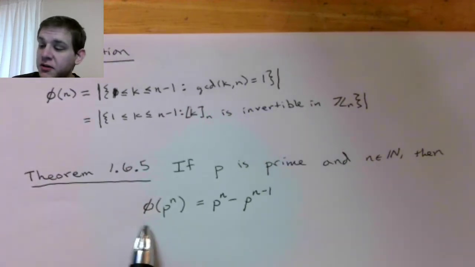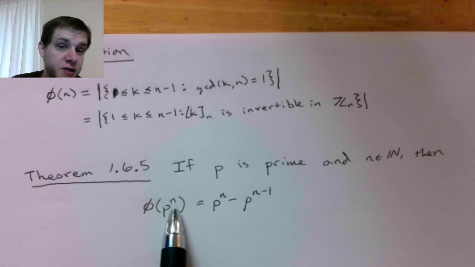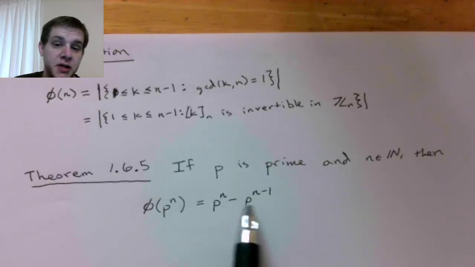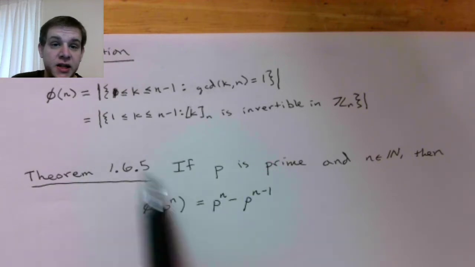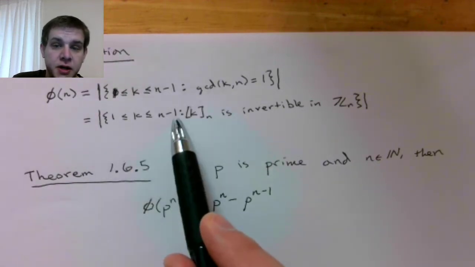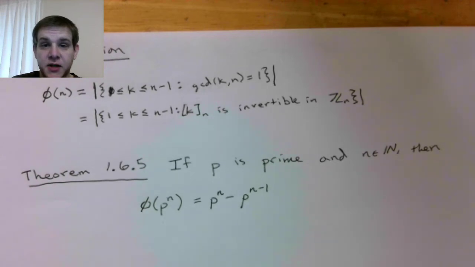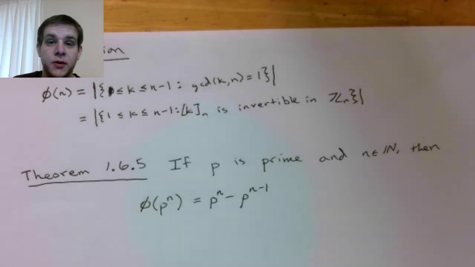Now we've already proven this for n equals 1, right? If n equals 1, then this is p minus 1. And that's just saying that every element here is invertible. We know that in prime moduli everything is invertible because everything is coprime with the modulus.